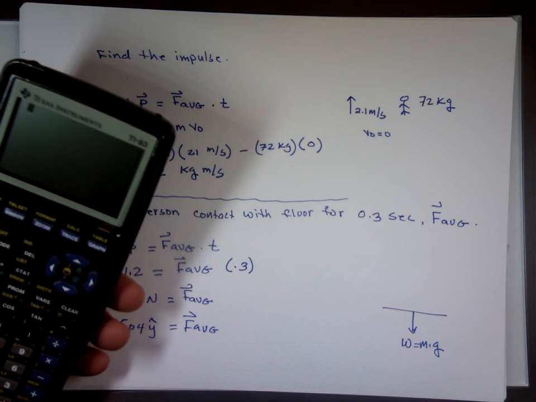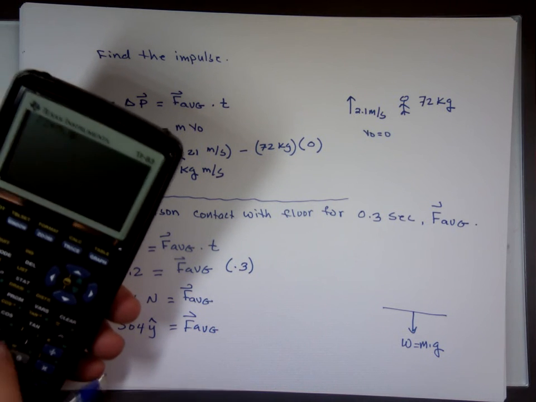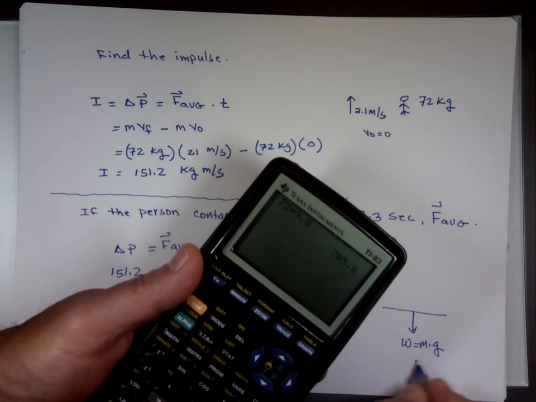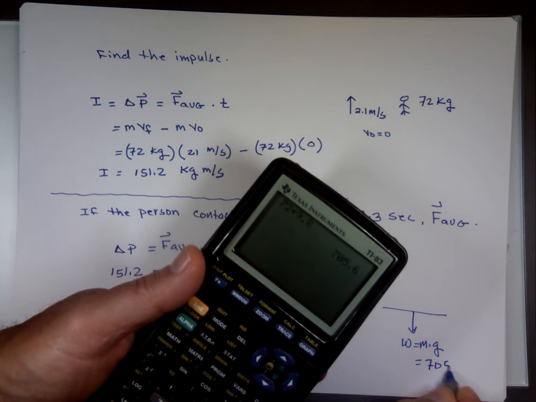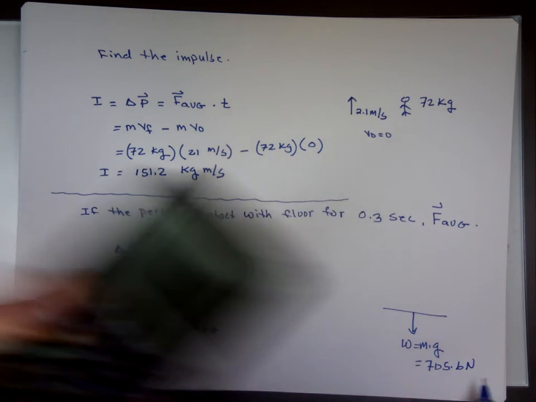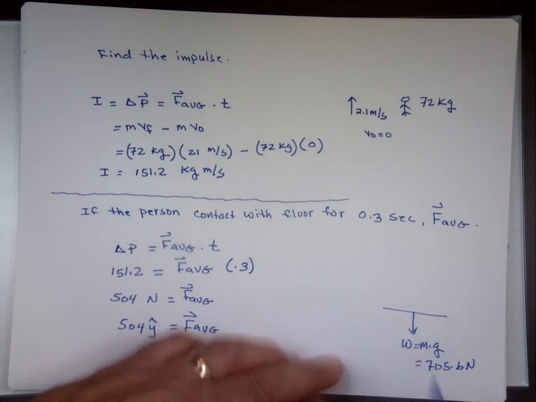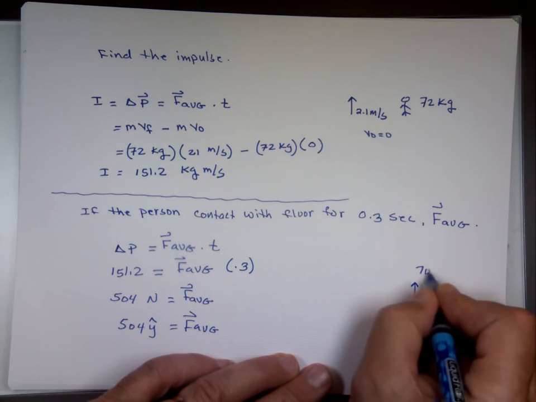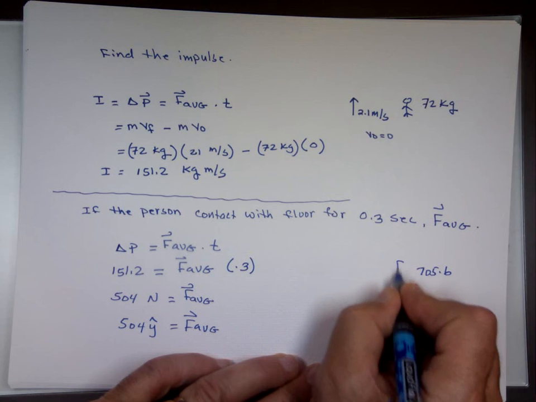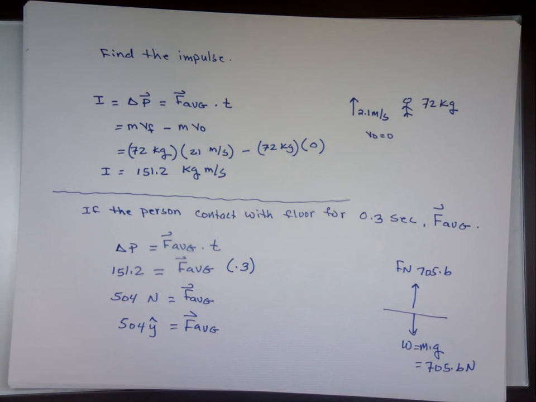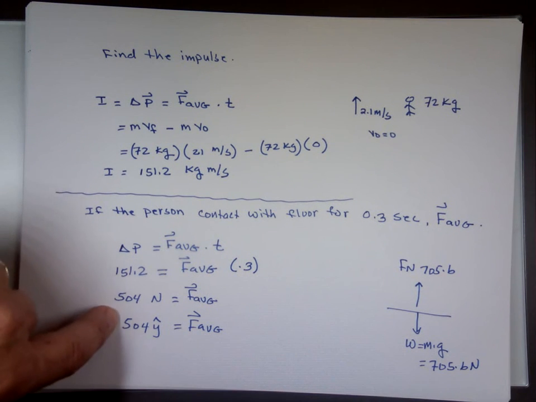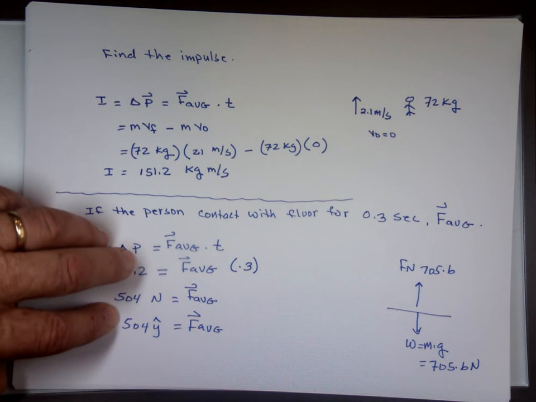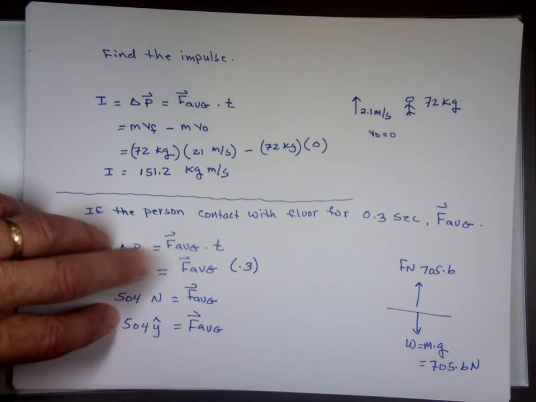That's 705.6. And if you're just standing there, not jumping, the ground is pushing up on you with 705.6 newtons. This value is the additional force from bending your knees and pushing up. That's an additional force in this direction of 504, pushing up.